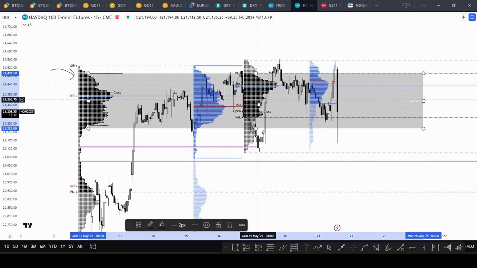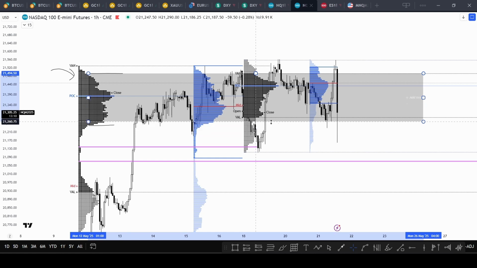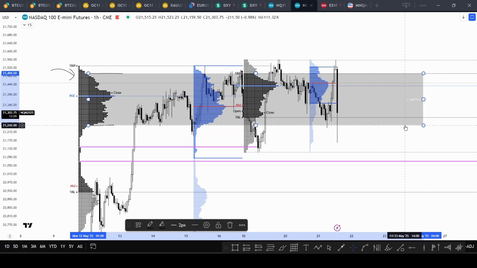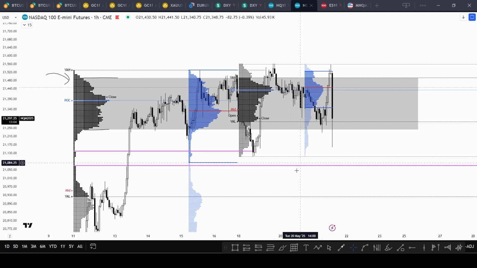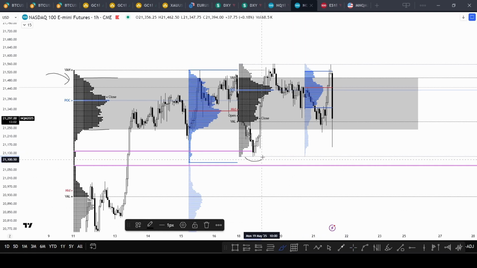What we get here is a balanced range. This is the balanced range of this profile, and price here is, in the same way, not able to accept outside of the range.